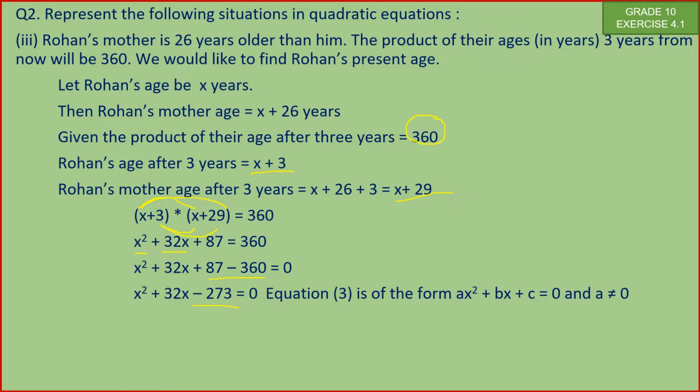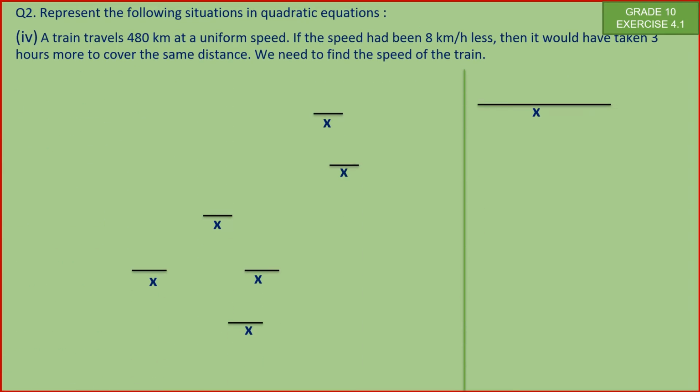Now we will see the next question. The next question is, a train travels 480 kilometers at a uniform speed. If the speed had been 8 km per hour less, then it would take 3 hours more to cover the same distance. Now we need to find the speed of the train.